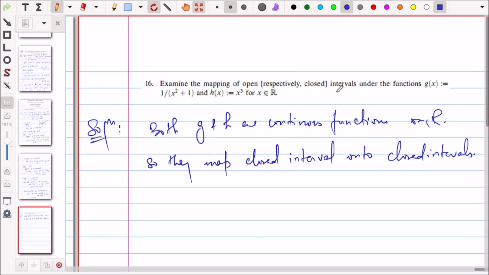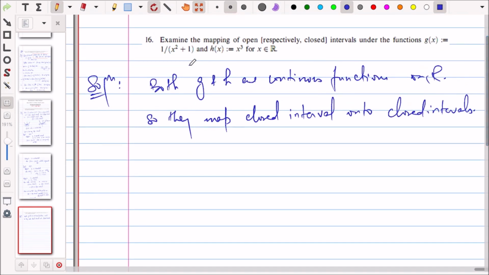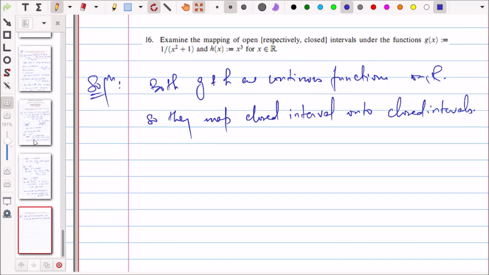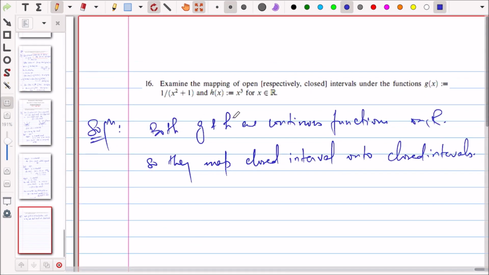So we have to talk about the open interval. Let us first talk about the function g, and which open intervals it maps. Like in the previous one, the minimum value of that function was 0. Similarly, this function g has a maximum value.